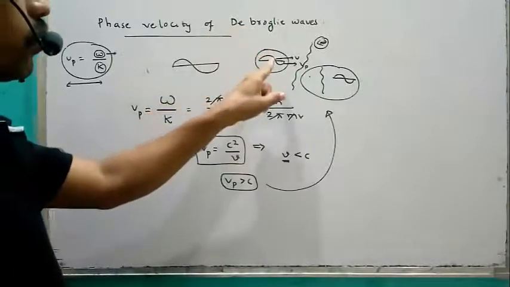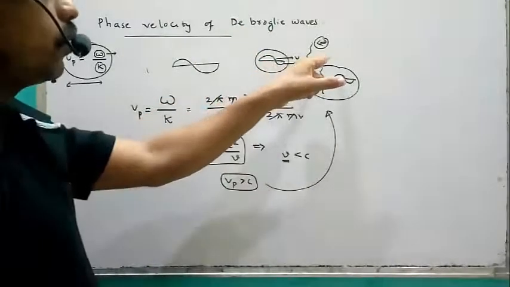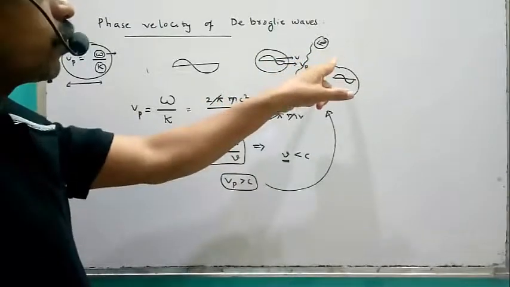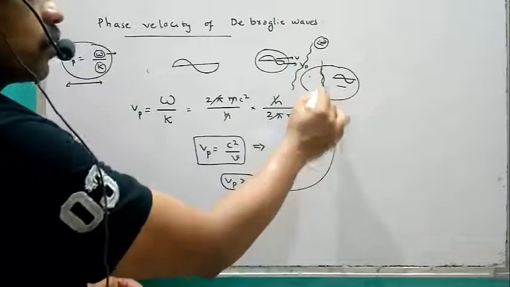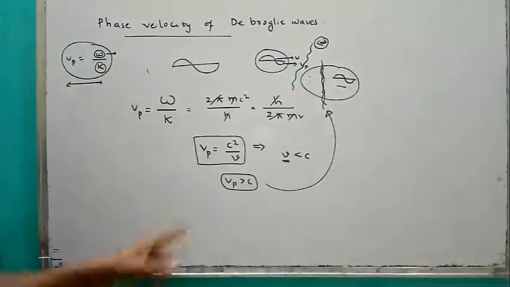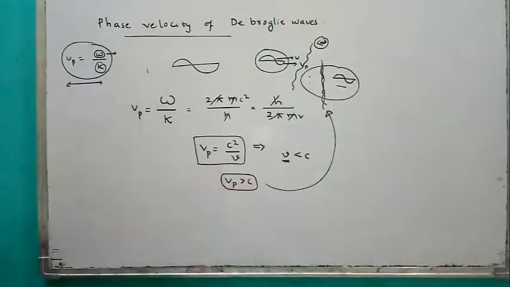After some time, the particle is moving with less velocity while the phase velocity is moving more. So the particle is here, the wave is here. So this is not a possible condition, that is Vp is greater than c. So this is the phase velocity of de Broglie waves.